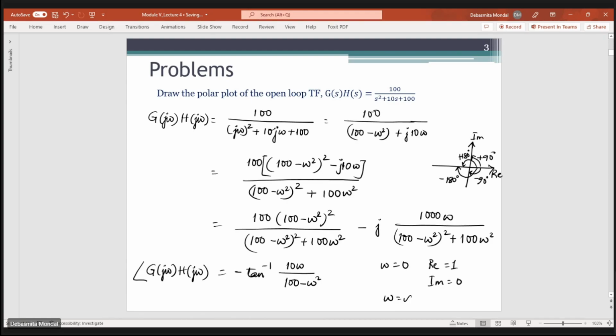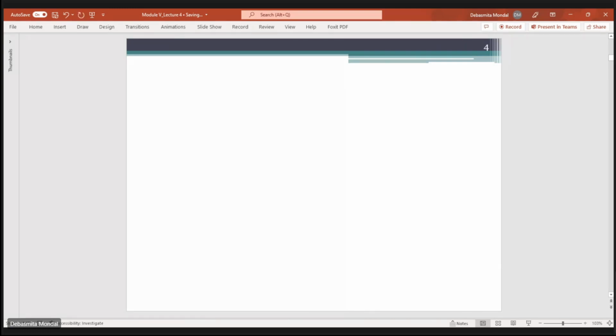Similarly, at omega equals infinity, the real part is equal to 0 and the imaginary part is also equal to 0. And if you find the angle of this open loop transfer function, the angle of GH is 0 degree at omega equals 0, and the angle of GH is equal to minus 180 degree at omega equals infinity.